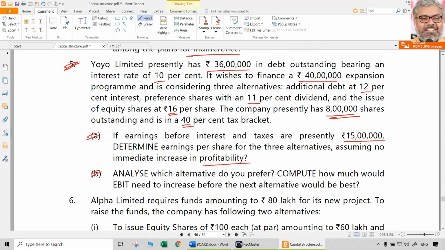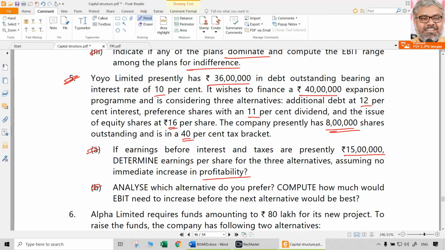First of all, what is required is, currently what is the existing capital structure? First of all, let us check that. It has 36 lakhs in debt and 8 lakh equity shares are there, and face value of the shares is not given.